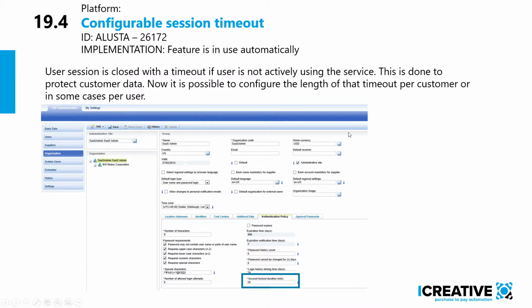And like it says, it's possible to configure the length of the timeout per customer or in some cases per user. So it means, on how many rights do you have to change this? Do you need to do it on organizational level, or can we change that to the user level? It was a feature that was asked by a lot of customers to change, and now Basware has created it.